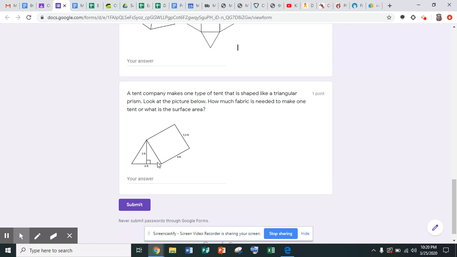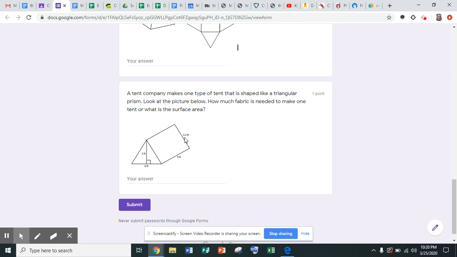Then you have this rectangle right here on this side that has a base of 9 and a height of 5 and 5/10. Okay, 5.5 feet. So don't forget about that decimal point right there. And when you multiply decimals, you do not need to line them up.